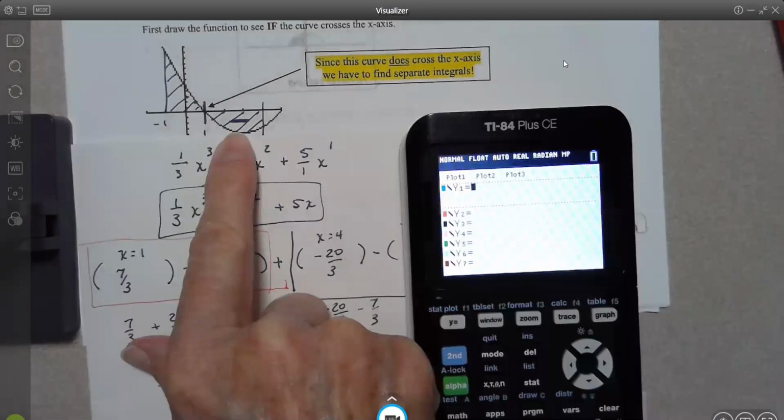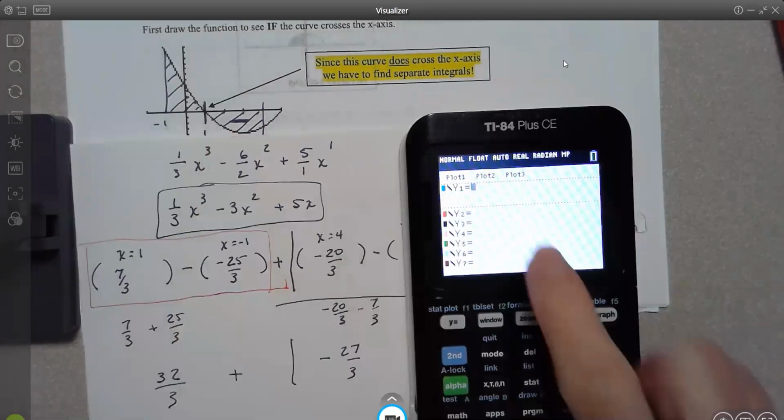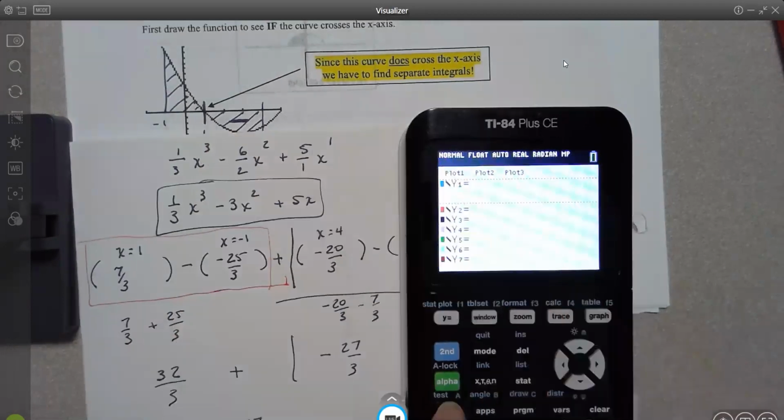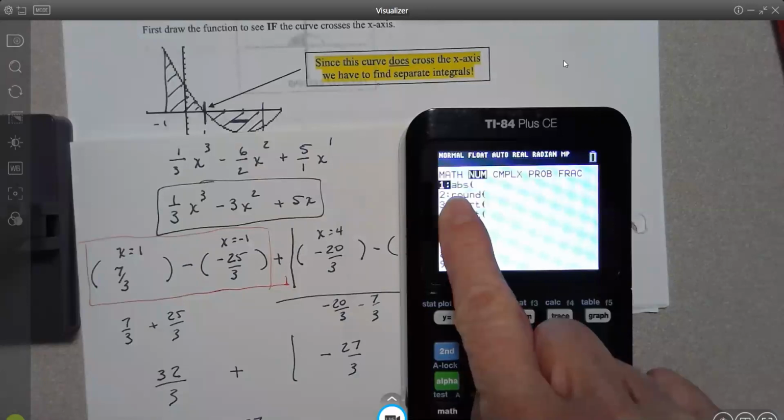So I'm going to put absolute value here. Absolute value, if you go to math, and it's over under number, my very first one. Now, Derek, when you get this, you'll get the ABS in parentheses. I change this back to the math type, and I just get an absolute value.